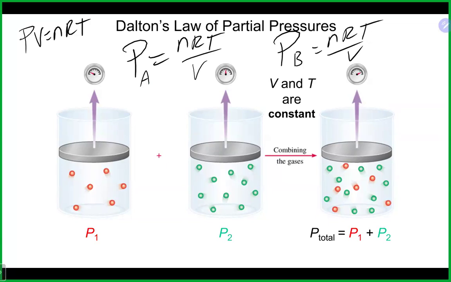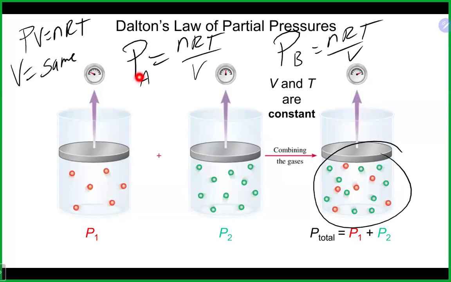Now, one of the good things about this is if you have a mixture like we do over here, where both of those gas molecules are together, there are a couple of things that are the same for everybody. Because they're in the same container, everybody here will have the same volume. So for every gas that's floating around in there, they're all in the same volume. And probably that container is sitting in the same location, and that means that they will also have the same temperature as well.